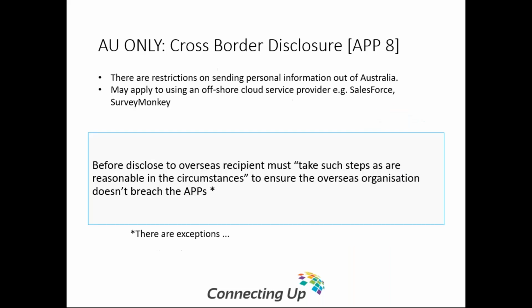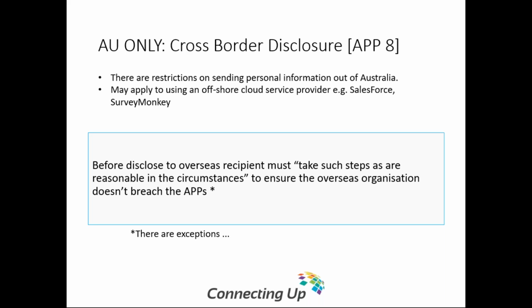So one of the reasons in particular that I've been talking about cloud service providers is a lot of times the cloud service provider is going to be hosting your data outside of Australia, because it's going to fit into the economies of scale and the efficiencies, and that helps you with the pricing. So you need to think about whether you comply with APP 8, which is about disclosing personal data outside of Australia.